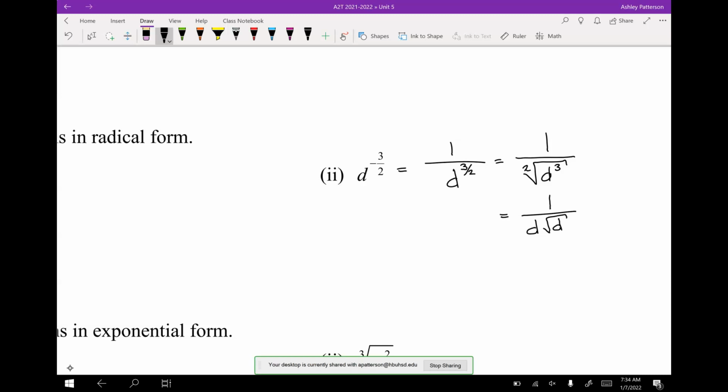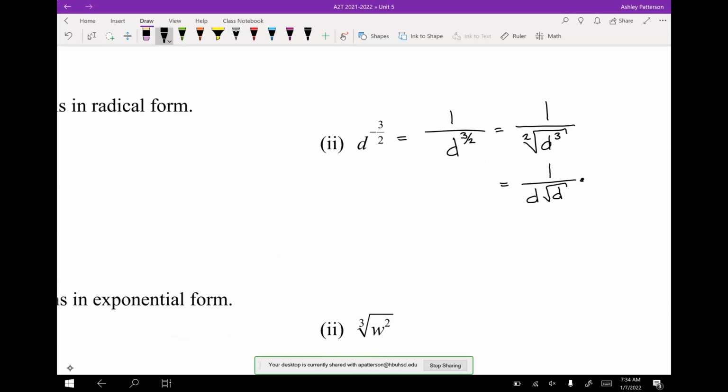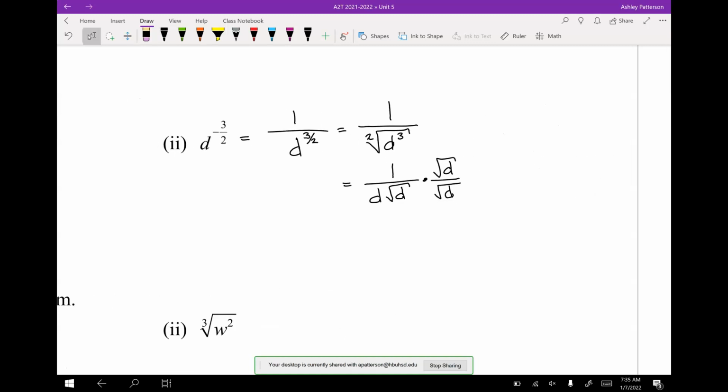Can we rationalize here? Sure we can. Christian, what should we multiply to the numerator and the denominator? Radical d. Nice job. Our index is 2. We only have 1 d, so we need to have 2 total. This is going to give us the square root of d over d times the square root of d squared.